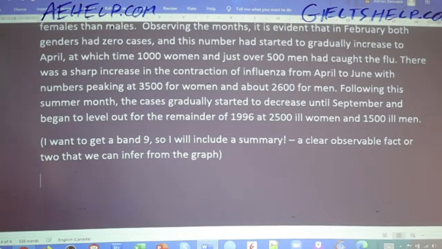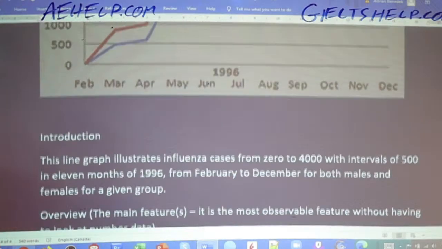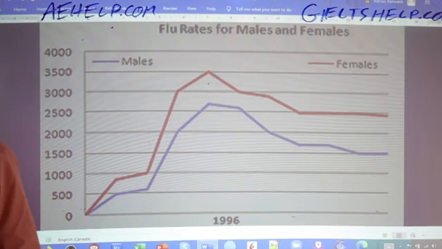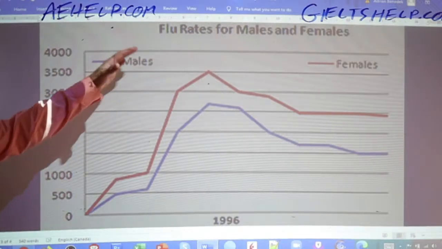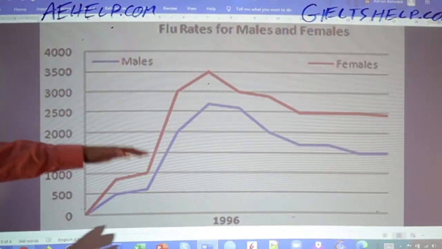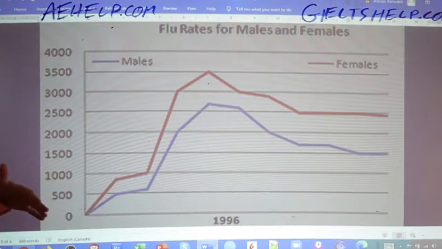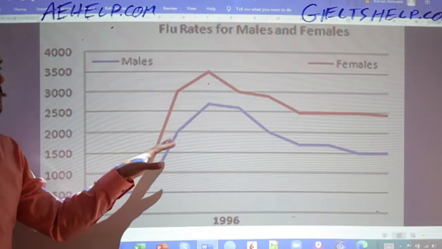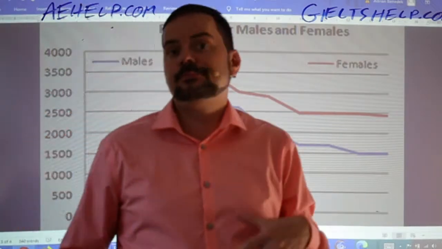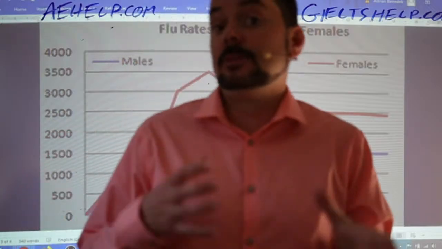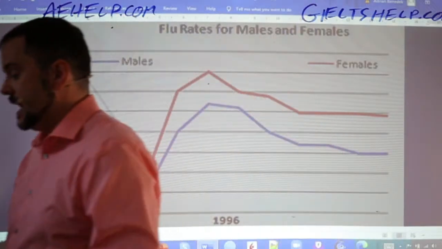Okay, so in summary, what can we infer from this graph? So from this graph showing this flu rate for this sample in 1996, what can we infer? So what can we tell our reader that we kind of learn from this graph?